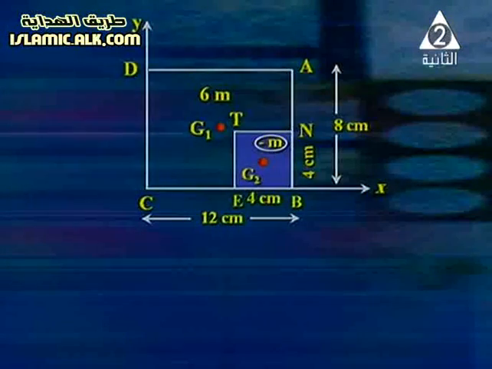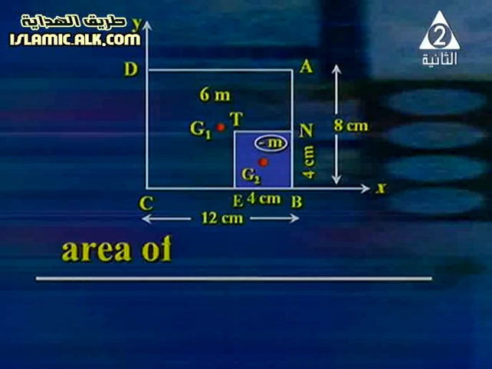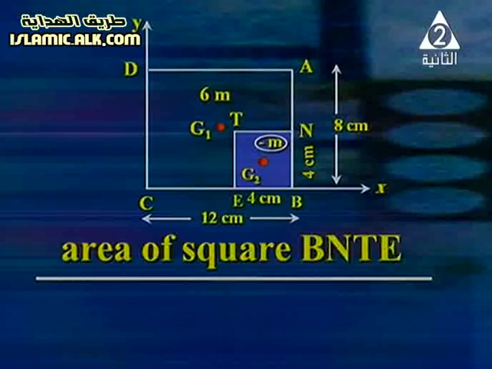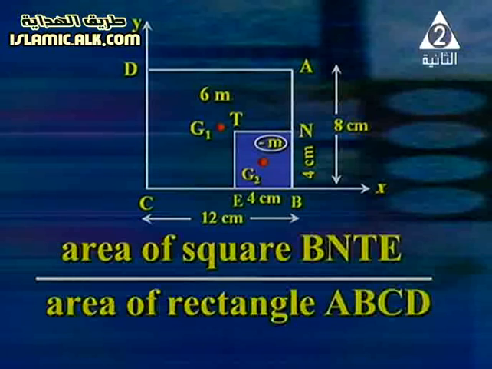Look at ABCD, the lamina as a rectangle. We cut the square BETN, negative m. Look at the area: we divide the area of the square BNTE over the area of the rectangle to find the ratio between them. What do you deduce?